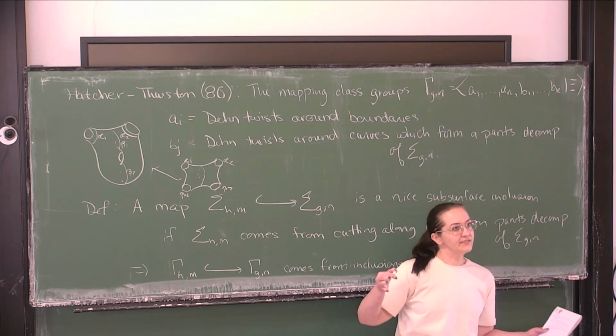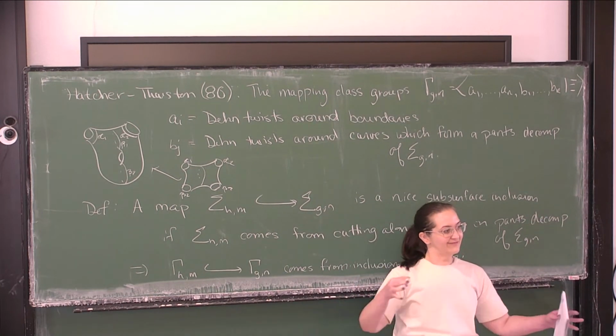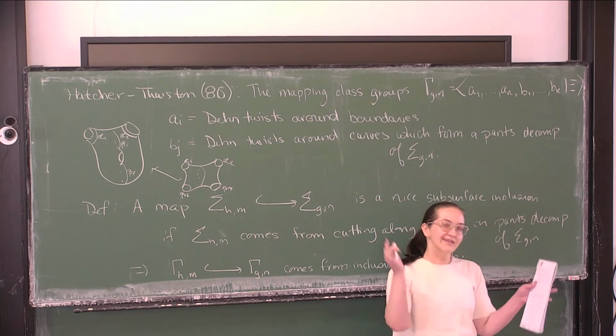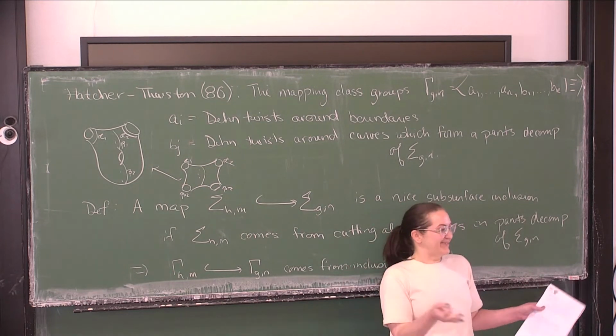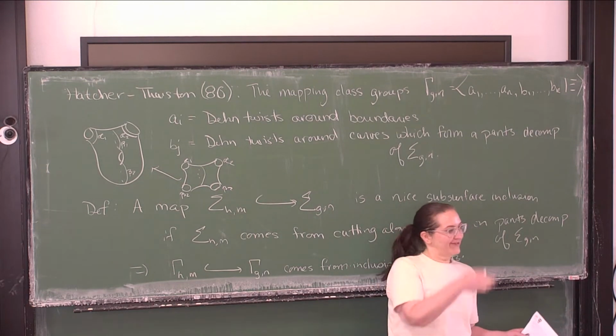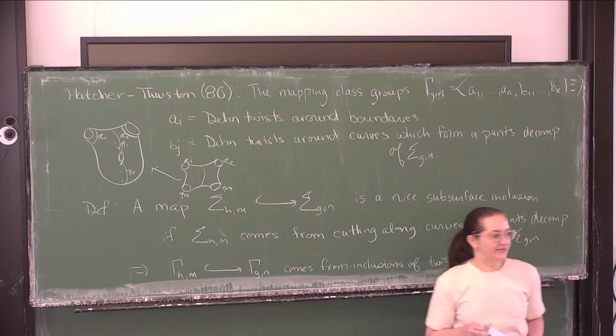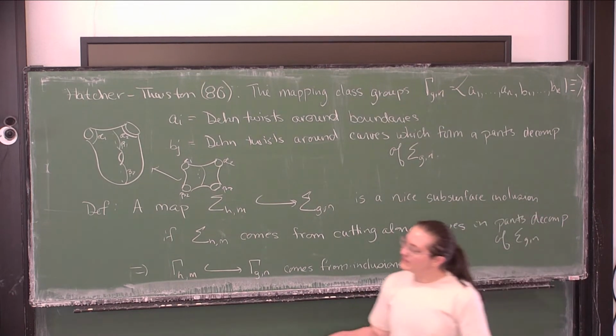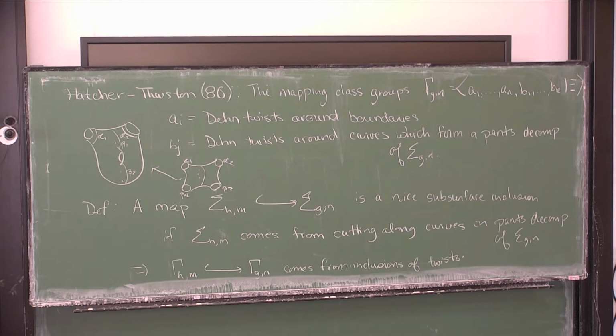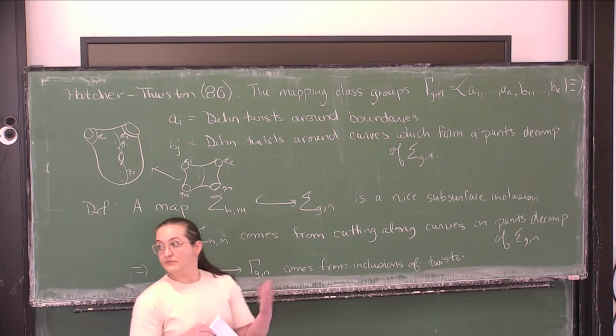But we were trying to look at all possible inclusions, so it's this huge object, this huge collection of groups, and it's an absolute ton of maps. Are you sure it's injective?